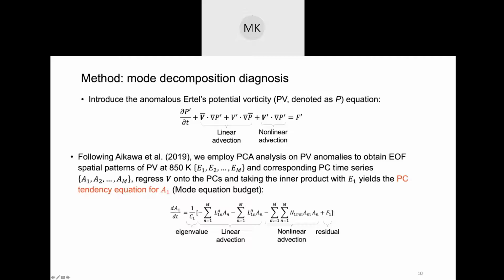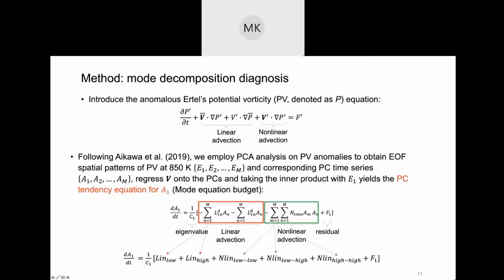On the left, it shows the A1 tendency term, and C1 is the eigenvalue of the first EOF mode. These two terms correspond to the linear advection term, and this term corresponds to the nonlinear advection term, and F is the residual. Next, we further combine these two linear advection terms as the total linear advection term. And then we further separate it into the contribution only from low frequency EOF modes and the interaction only from the high frequency EOF modes.